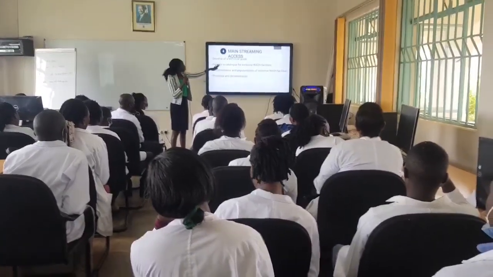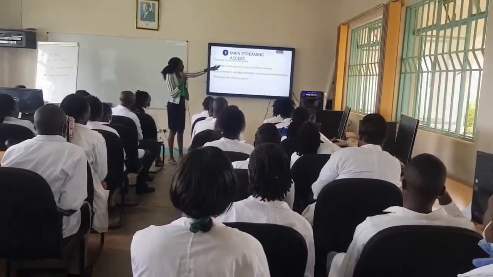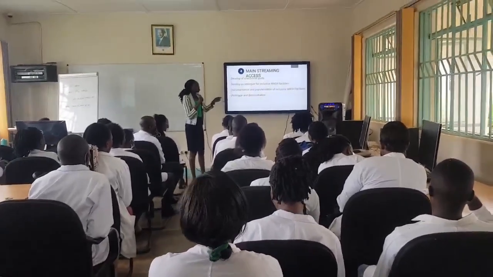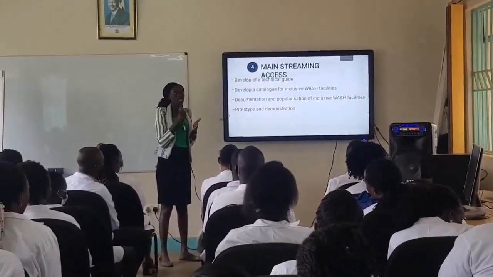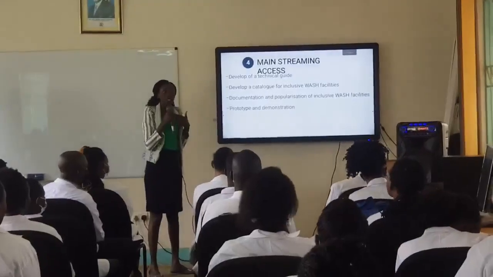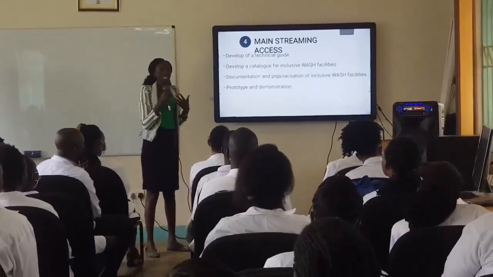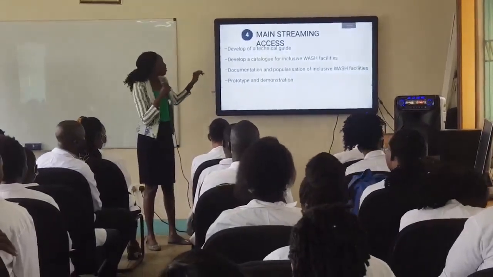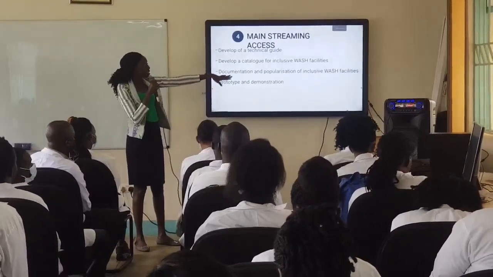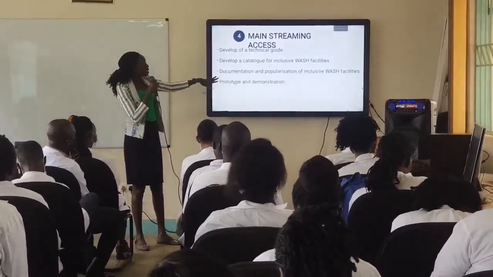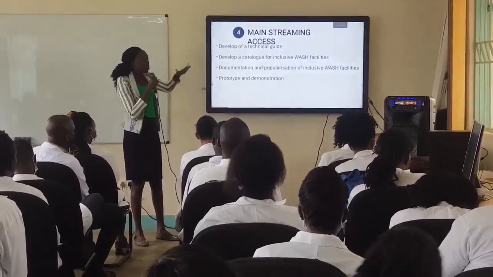Then under mainstream access, we develop a technical guide because we want to leave that information behind so that anyone who is willing to take the technology on takes it on. We develop a catalog for inclusive WASH facilities. Then we document. Actually, this is all about documenting.